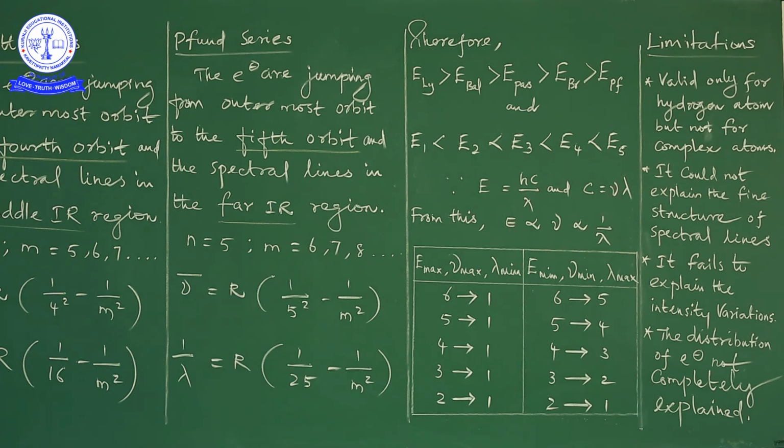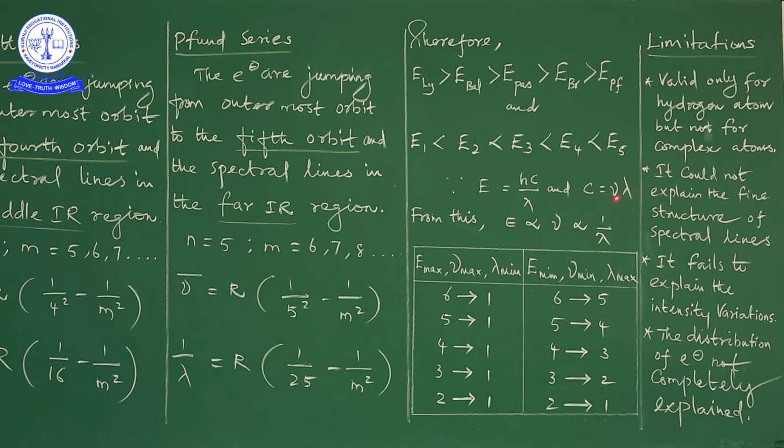How is that? Let us consider photons of energy. Each photon has energy equal to h nu. We know the relation: nu is replaced by c by lambda. So E is equal to hc by lambda, and c equals nu lambda.